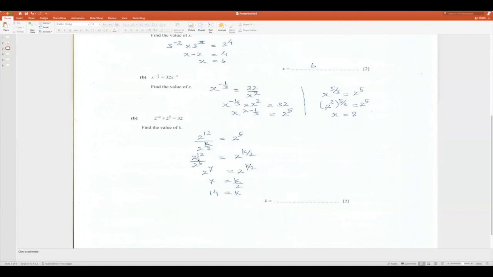We can rearrange this. 2 to the power 12 divided by 2 to the power 5 equals 2 to the power k over 2. 2 to the power 12 divided by 2 to the power 5 means 12 minus 5 is 7. 2 to the power 7 equals 2 to the power k over 2. If the base is same, then 7 equals k over 2. So 2 into 7, 14, k is 14.